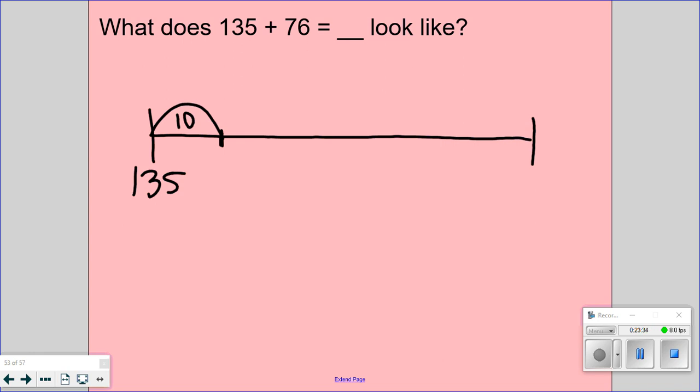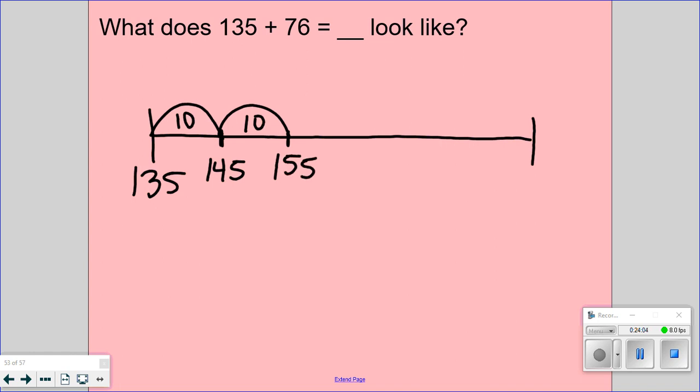Tegan, after I do a jump of 10, what is my next endpoint? 145. Ariana, now what? Jump another 10. What's my endpoint? Oh, we're going forwards. 155, good.